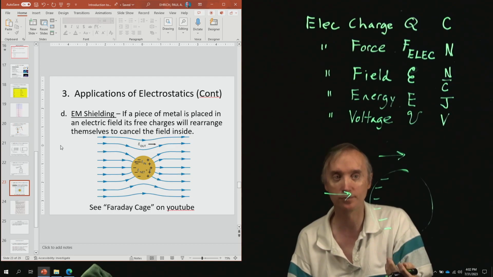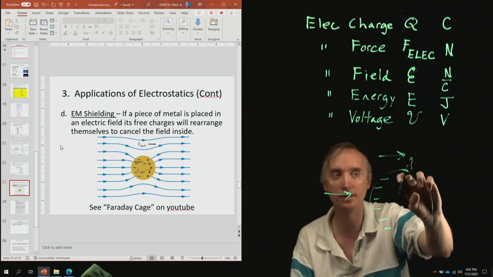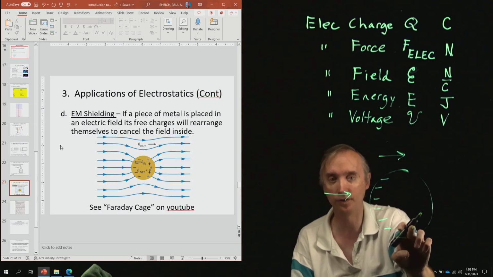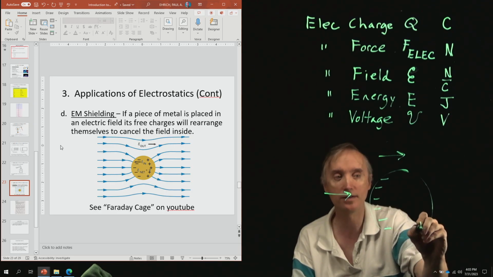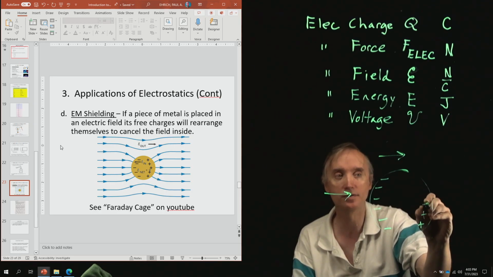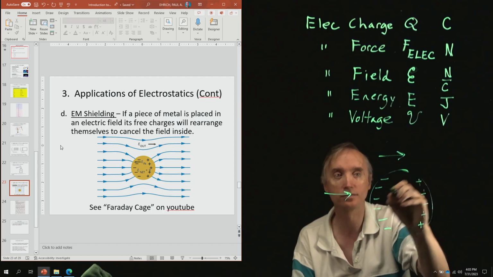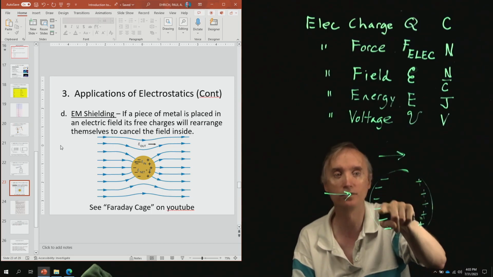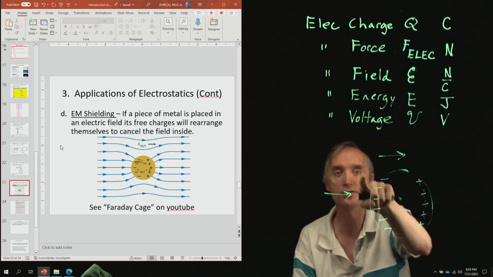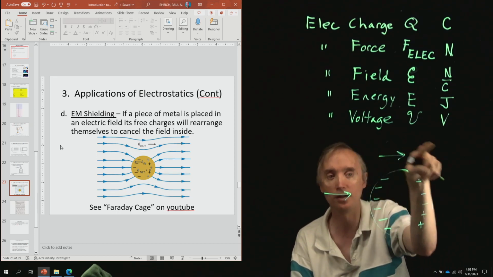And then on this side you have the absence of electrons, and so that's going to make positive charges. The charges flow in response to the external electrical field.